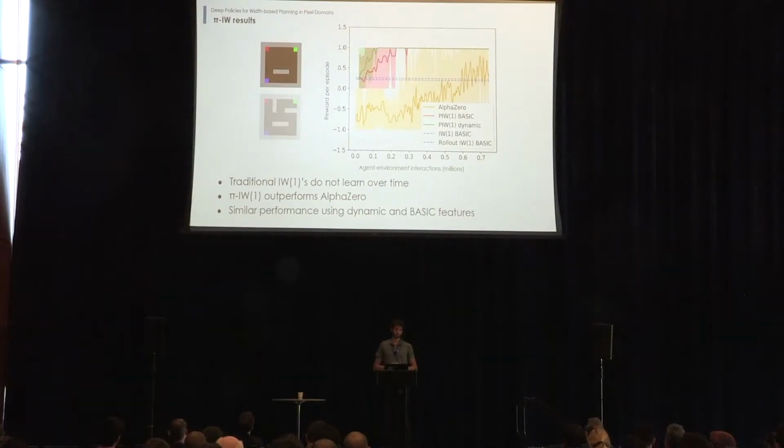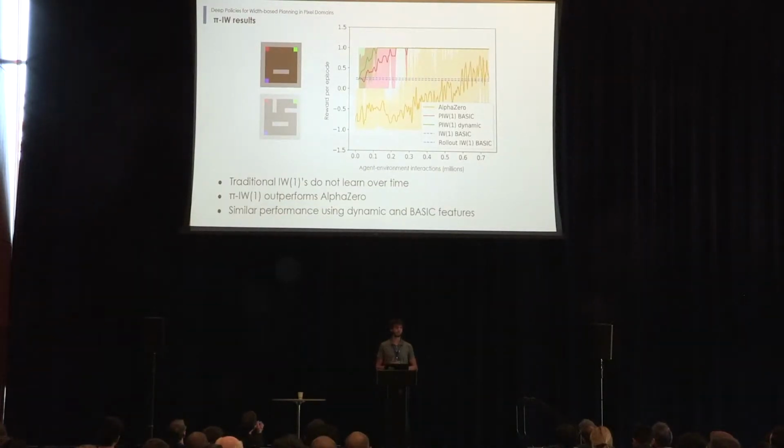So here are some results. The dashed lines in blue and purple show the baseline. This is iterated width without any learning in the normal version and the rollout version with the basic set of features. And we can see how our method in green and red improves on them, learning over time and reaching the reward of +1 in the end.